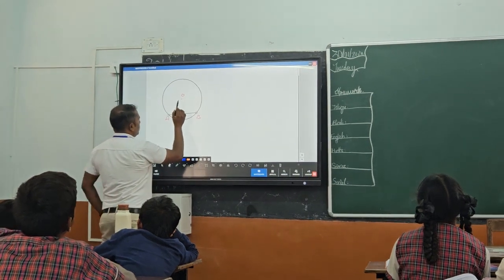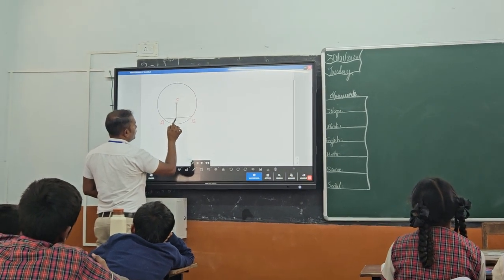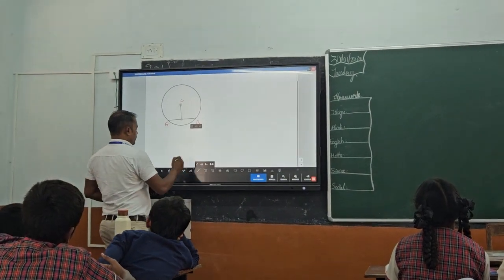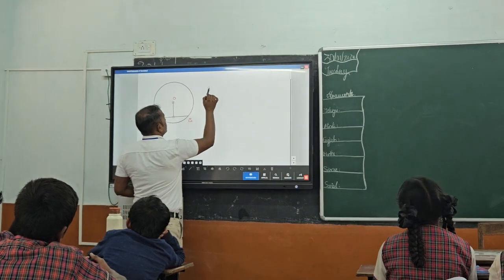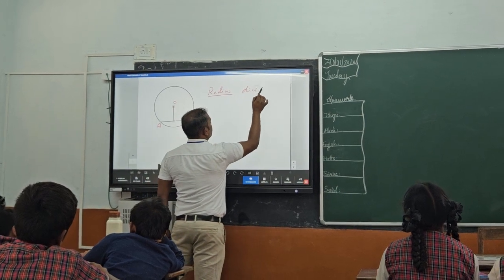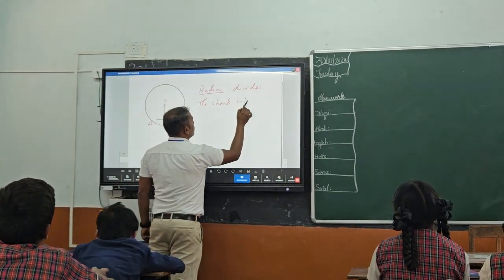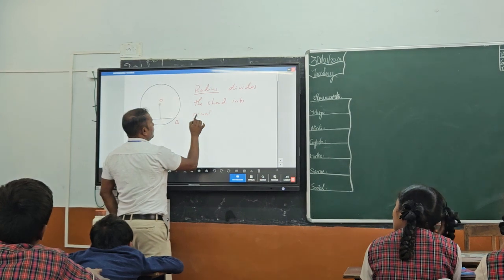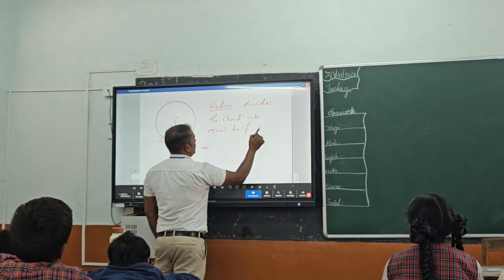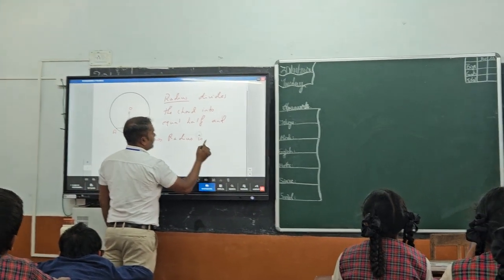If you draw a straight line perpendicular to the chord, the second property is that the radius divides the chord into equal halves. And the radius is perpendicular.